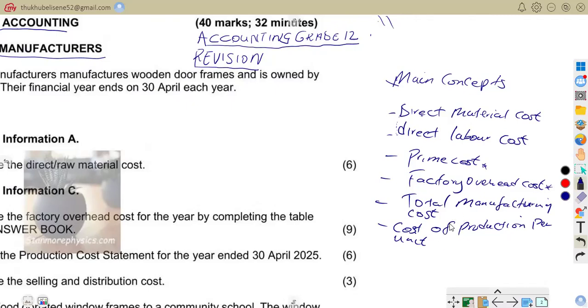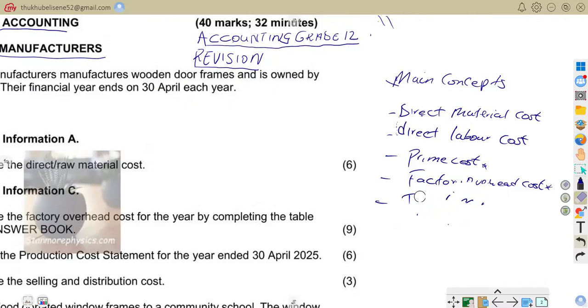That is that. So these are terms that you're going to come across when we do this cost accounting. So let us now try to get to our questions.